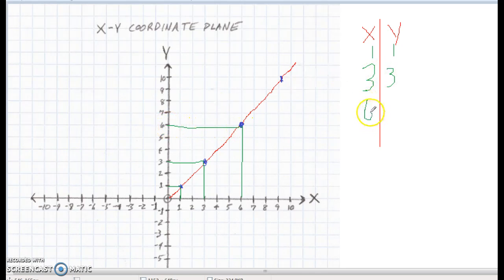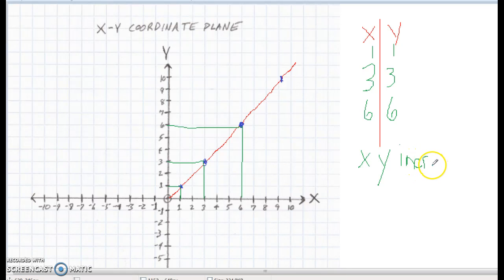So this one is at the 6, 6. So what we have happening here is that as the x is increasing from a 1 to a 3 to a 6, the y is also increasing from a 1 to a 3 to a 6. So what's happening is x and y are both increasing.